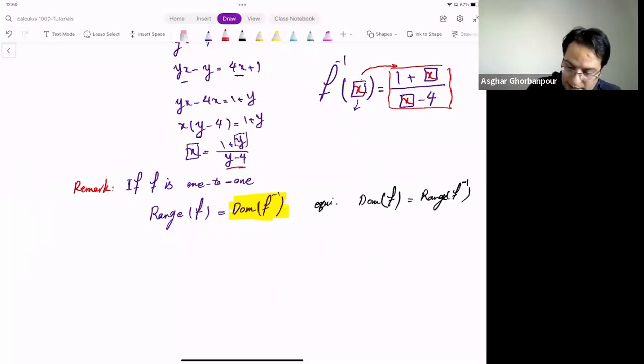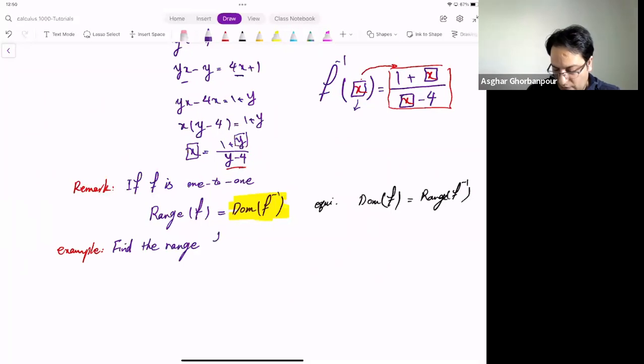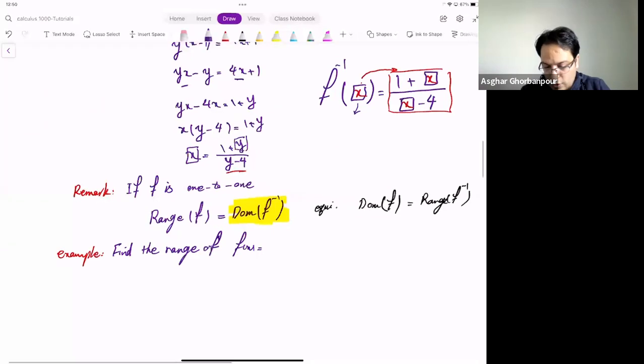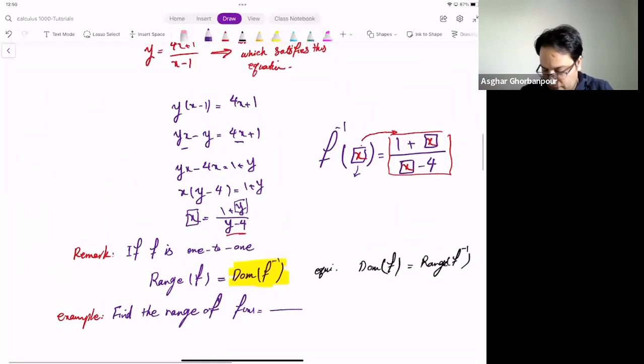So for example, here I can now use this fact to find the range of the function that we worked with in the previous example, (4x plus 1)/(x minus 4).